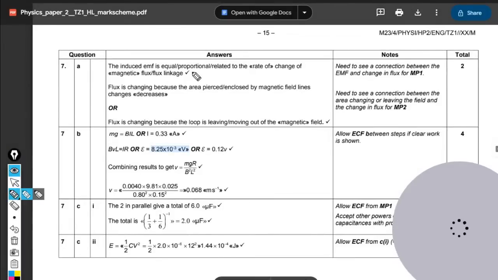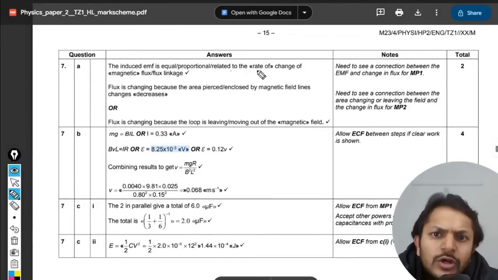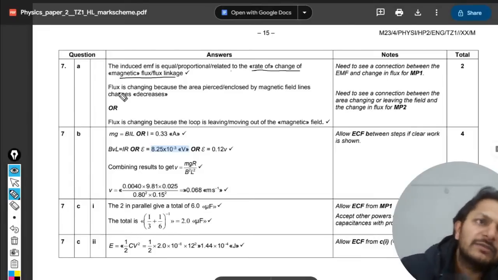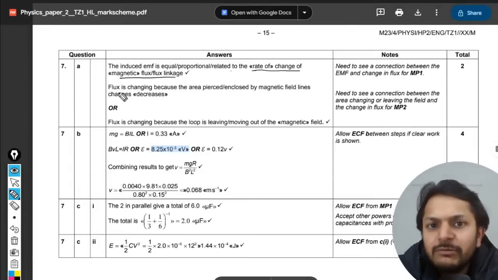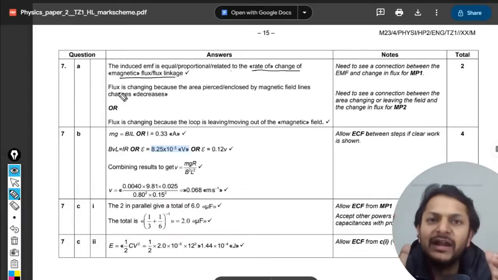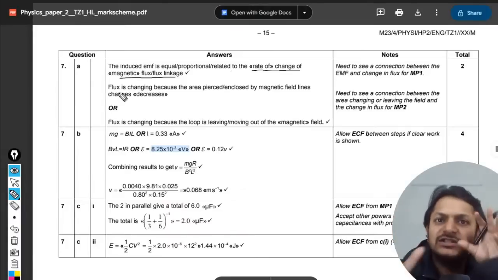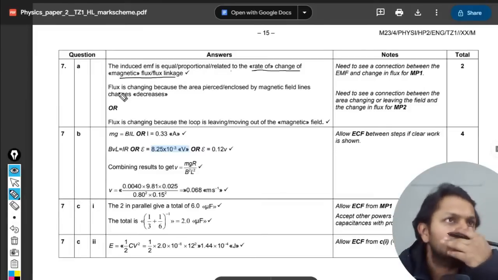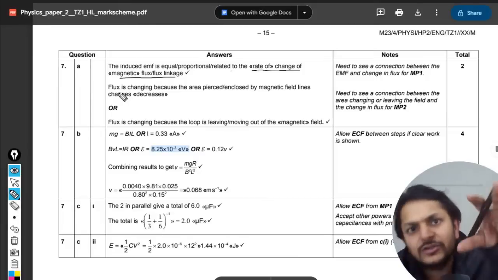The induced EMF is equal to the rate of change of magnetic flux linked with the loop. There were some students asking what do you mean by linked with the loop. The loop is moving through the magnetic field, so there is a magnetic flux associated with that loop, that is, the flux which is going through it.